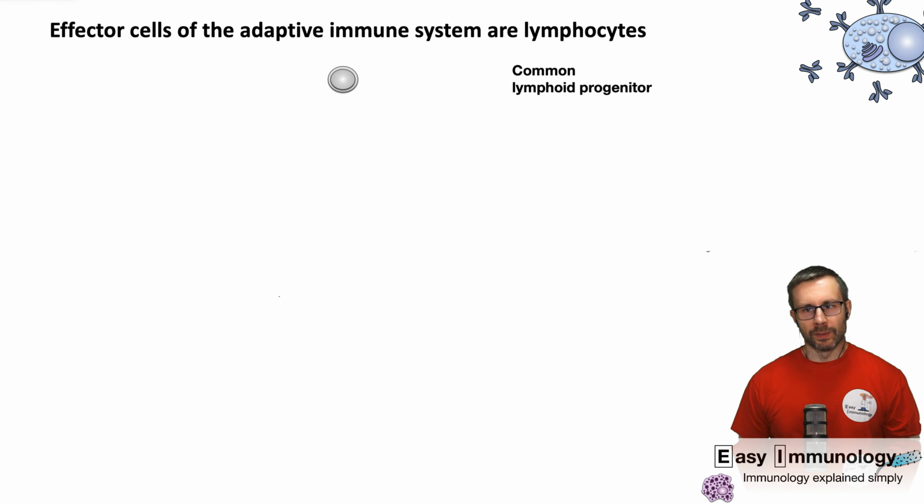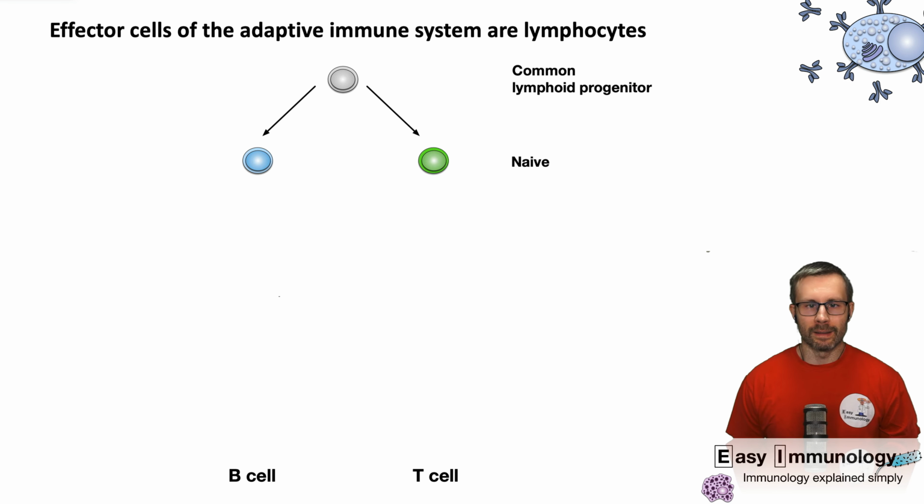Cells of the adaptive immune system, the T and the B cells, are called lymphocytes. That's the overall term for them. And they arise from the common lymphoid progenitor. We have seen this cell before. This is the cell in the bone marrow that has decided to become cells of the immune system. And this can develop then into either a naive T or B cell.